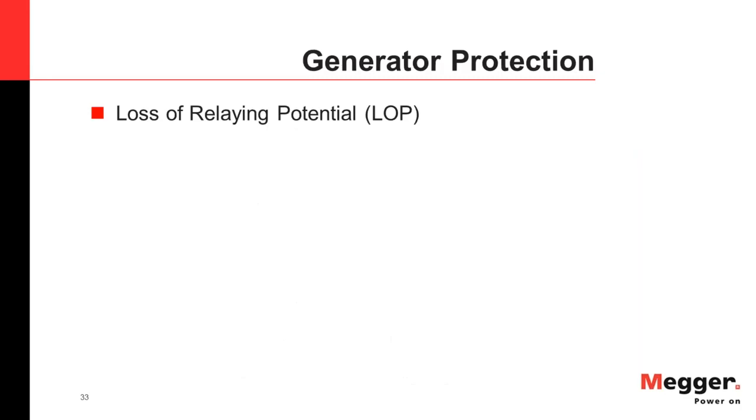We have covered transformer differential, and we have covered current unbalance in motor and generator. Now let's talk about generator protection and the loss of relaying potential function in generator. Most generators have loss of relaying potential protection.